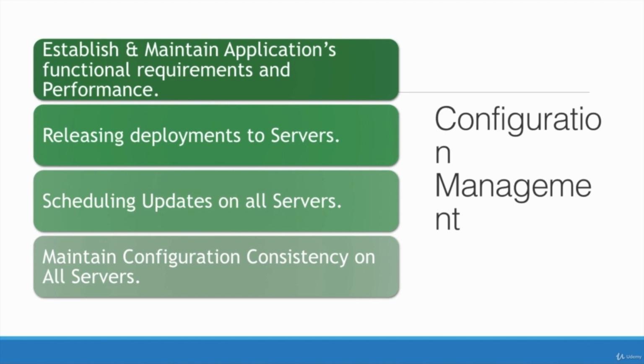On all our servers where my application is being deployed, I will configure these servers so that they fulfill my application's functional requirement plus performance requirement, so that the minimum configuration required to set up my application is done with the help of configuration management, right?